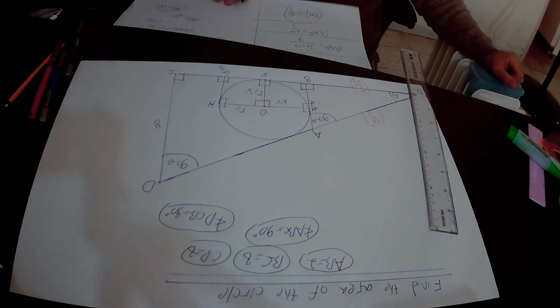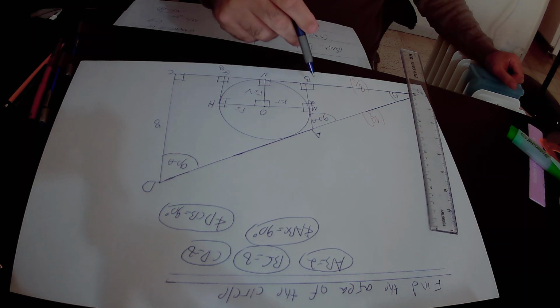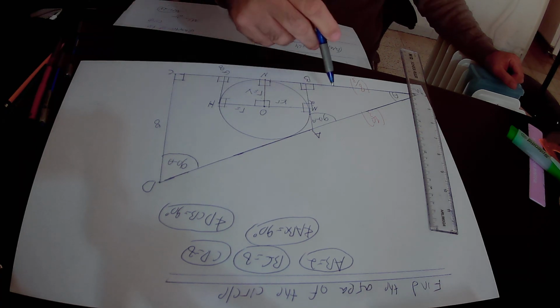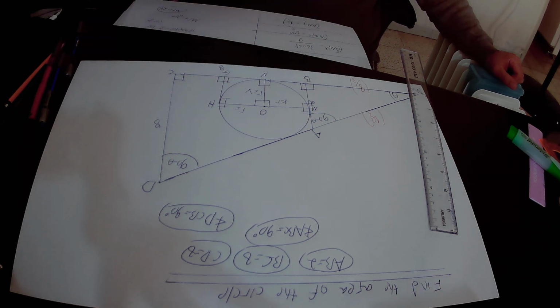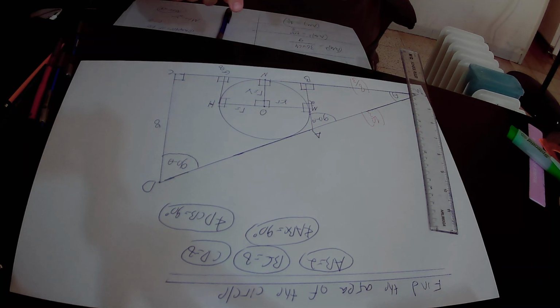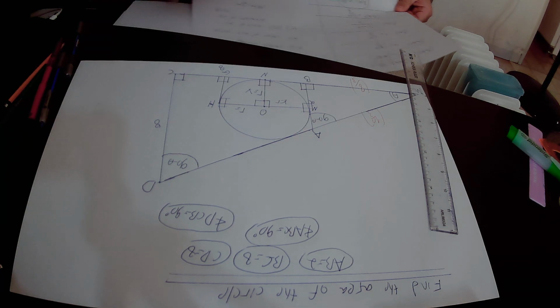In the next step, we'll focus on quadrilateral MHBG, this big quadrilateral. Inside this quadrilateral, we have 4 right angles. Any quadrilateral that has 4 right angles must be at least a rectangle, if not a square. So we'll relate to quadrilateral MHBG as a rectangle. I write it down.